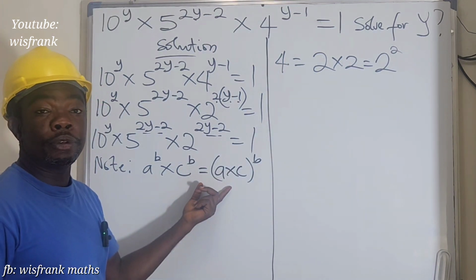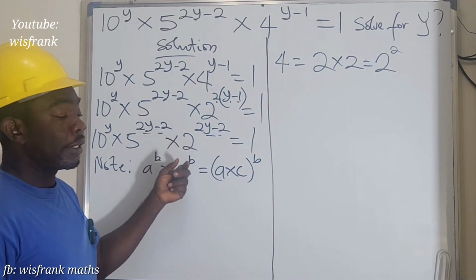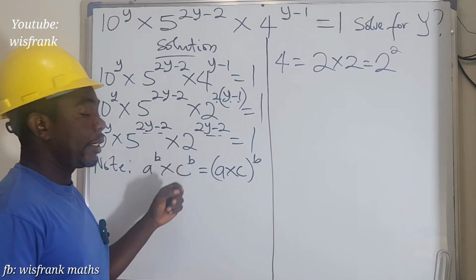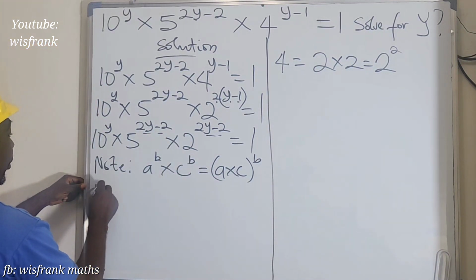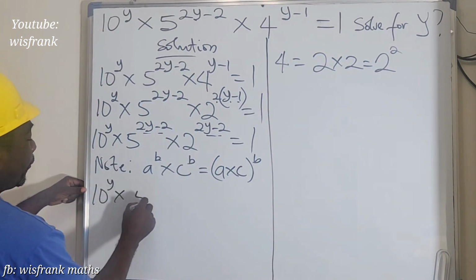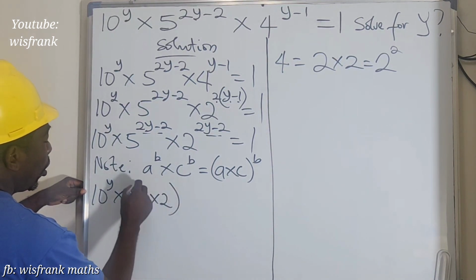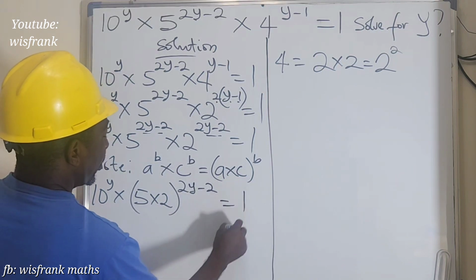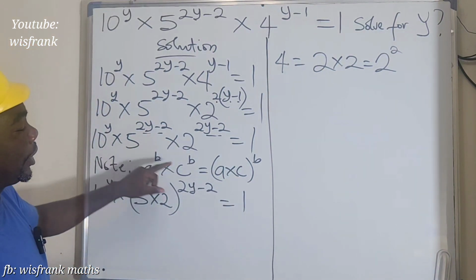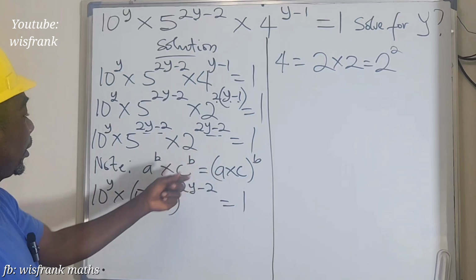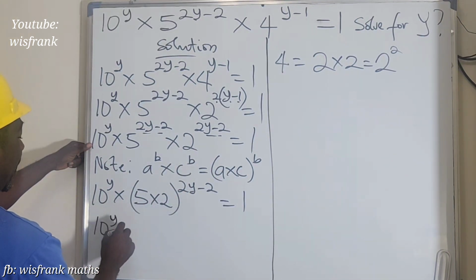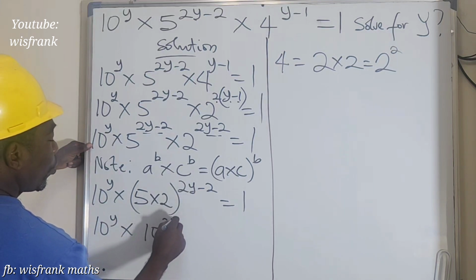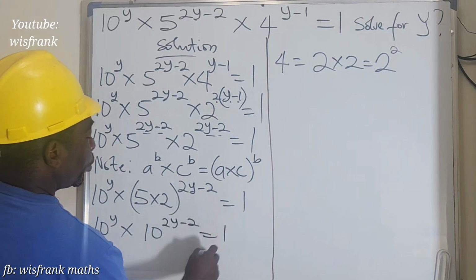We have the similar index, so we need to multiply the base and take one of the index. So this will become 10 to the power of y times 5 times 2 all to the power of 2y minus 2 equals 1. What we've done is express this in this format. So this will become 10 to the power of y times 10 to the power of 2y minus 2 equals 1.